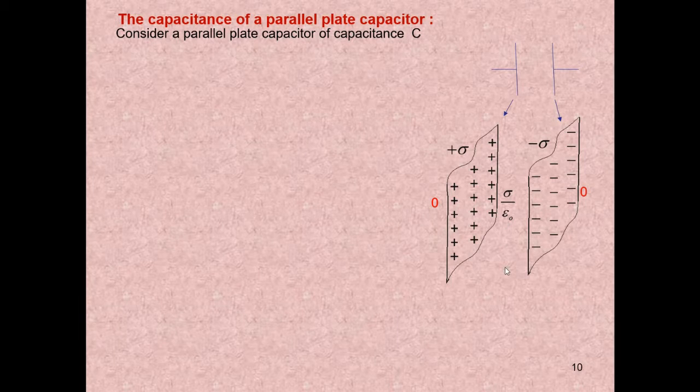For that, there is one assumption. This is that assumption: A very much greater than D square. A is the area of the plates, D the distance between the plates.